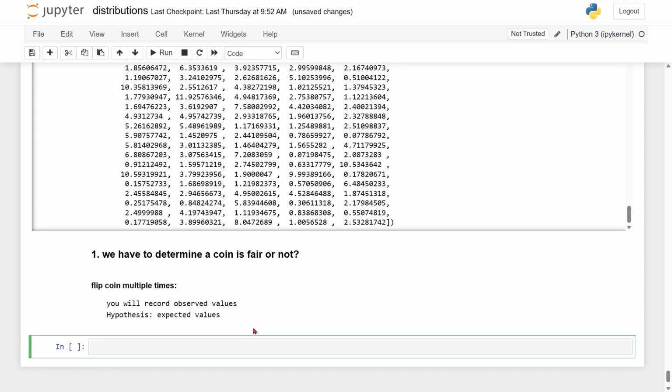So here, the chi-square distribution helps you determine whether the difference between the expected and observed outcomes is due to just a mere chance or whether there is some underlying bias in the data.